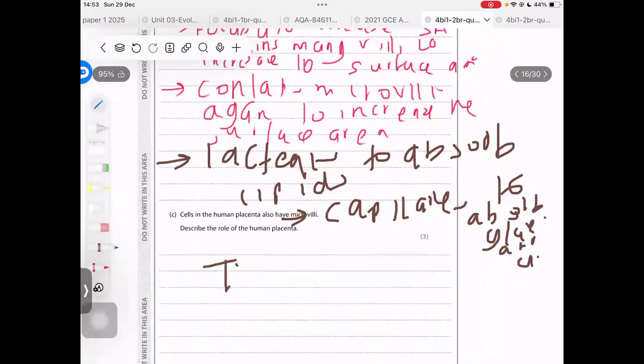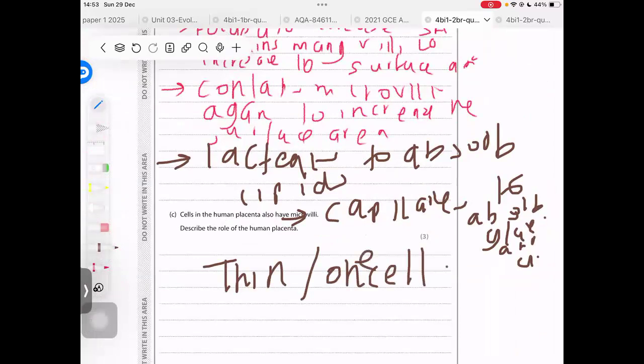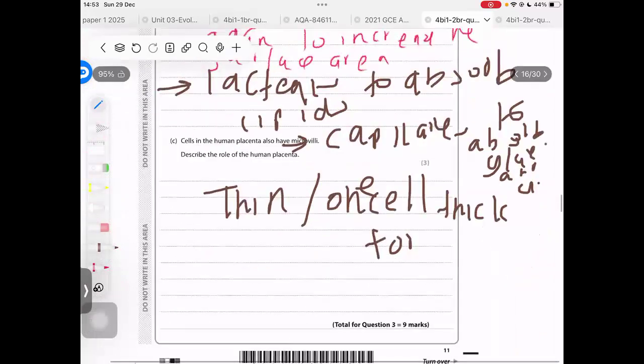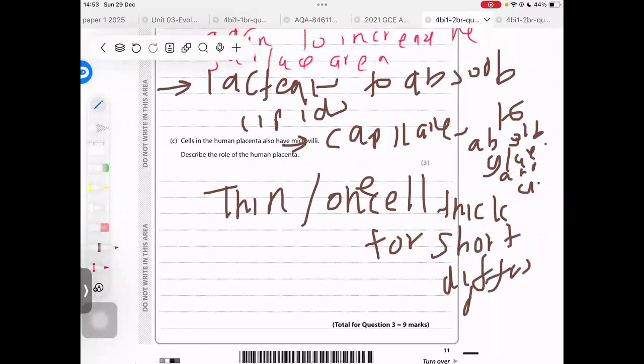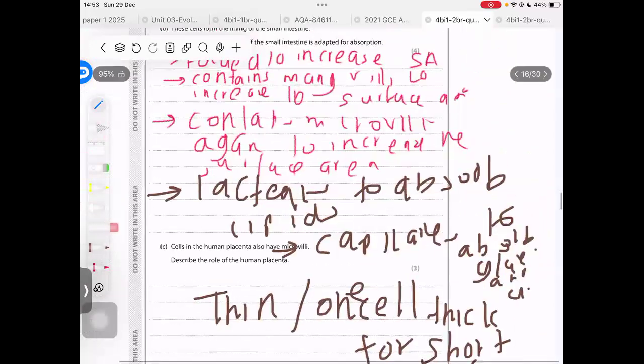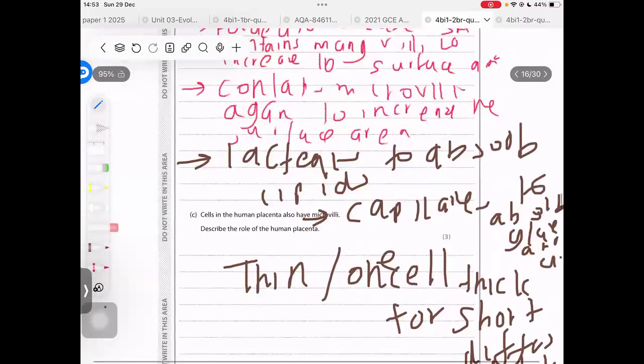You can write down the walls are one cell thick for short diffusion distance. Now, if you have written those points, you will be given 4 marks.